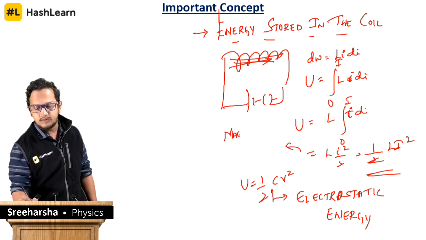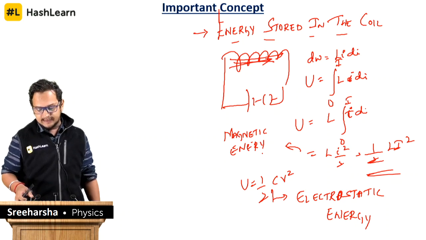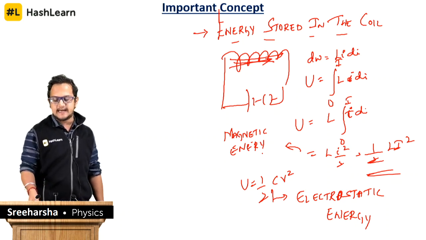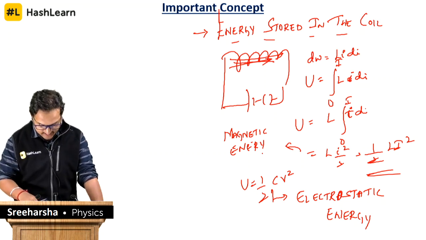So you can see that half of the total work done is stored as energy and the remaining half is dissipated as heat.